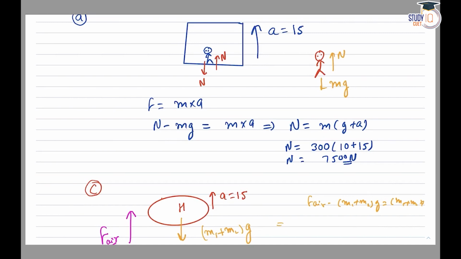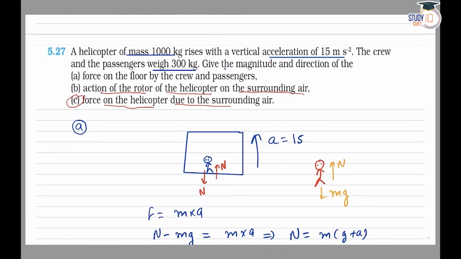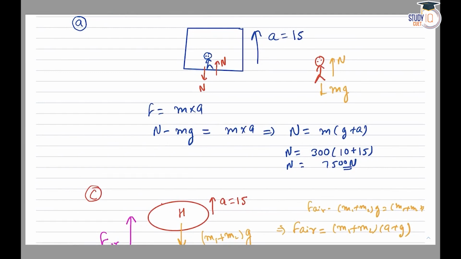From this we can find the force exerted by the surrounding air on the helicopter. Taking m1 plus m2 common, we have a plus g. So m1 plus m2 can be written as 1300, the mass of the combined system.